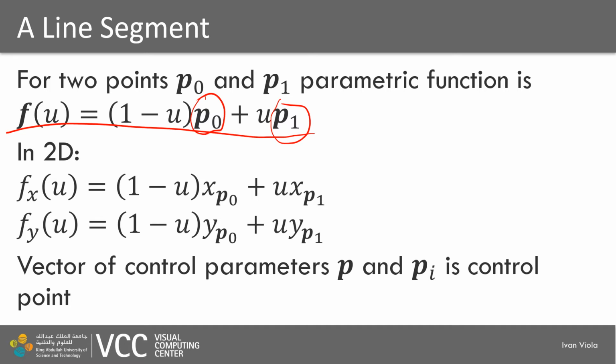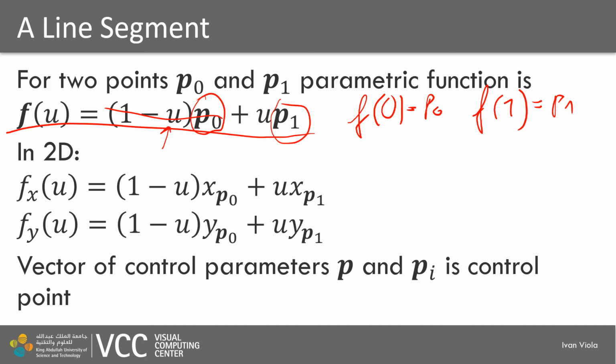So at the beginning, when the u is 0, then 1 times 1 minus 0 is 1 p0 plus 0 times p1. So for f0, it will be p0, and for f1, what will happen? This term will be cancelled for u equals 1, and 1 times p1 will be p1. This is clear.